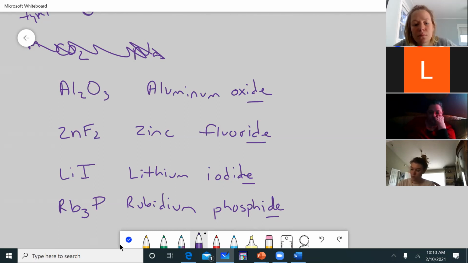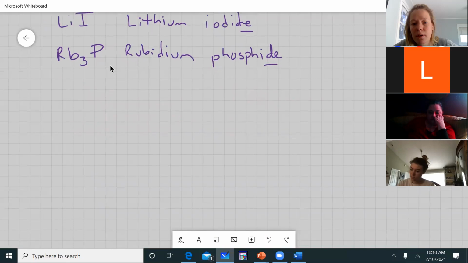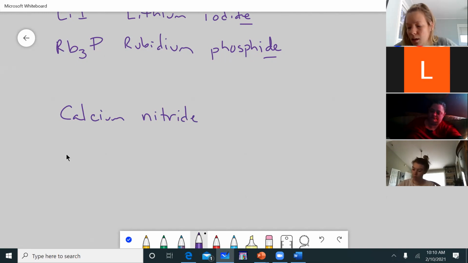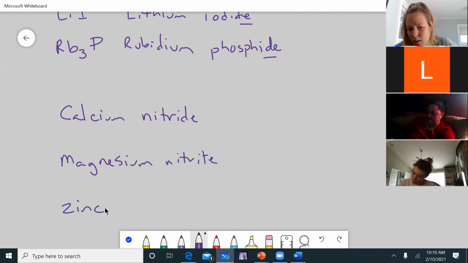Okay, so all of those IDEs indicating that we're dealing with the element. I'm going to jumble a couple of these together going the other direction. And I want you to write a formula. So calcium nitride, magnesium nitrite, and zinc nitrate.